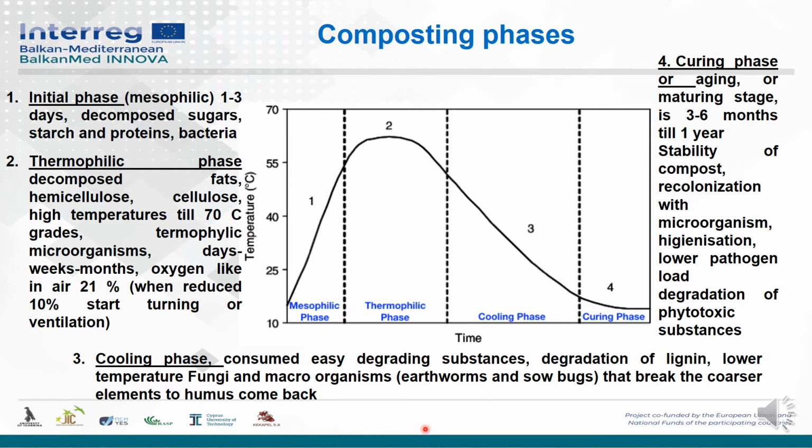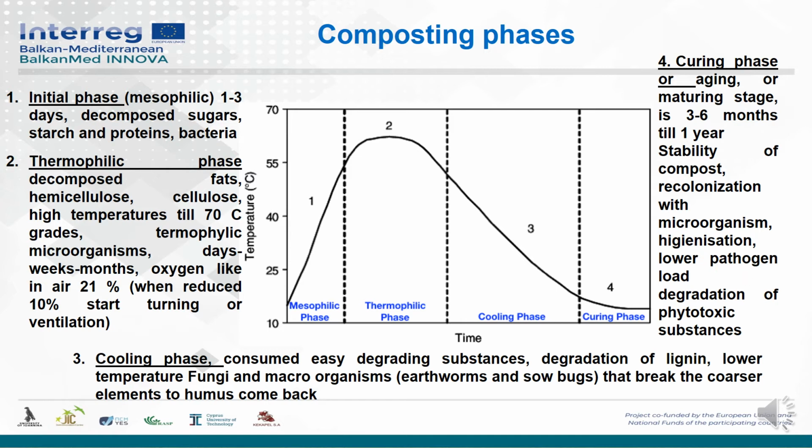The organisms that play the most important role in this phase are fungi and macroorganisms like earthworms and soil bugs, which bring the coarser elements to humus, which then come back.